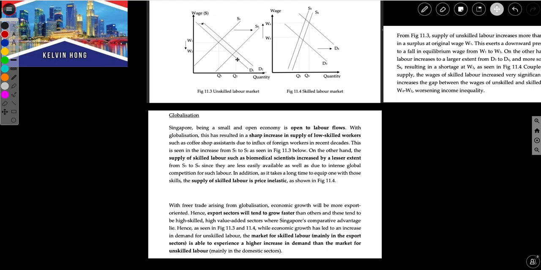So this is one of the reasons why all this that's happening is going to increase the demand on both sides, but much more so on the other side. So the market for skilled labor, or in our context here the university grads, is able to experience a higher increase in demand than for the non-university grads, mainly in the domestic sectors rather than in the export sectors.